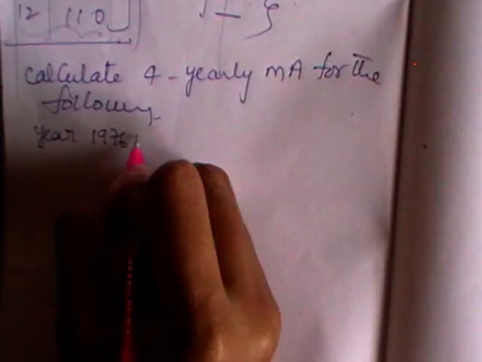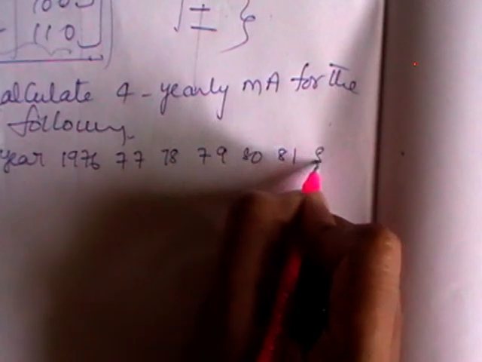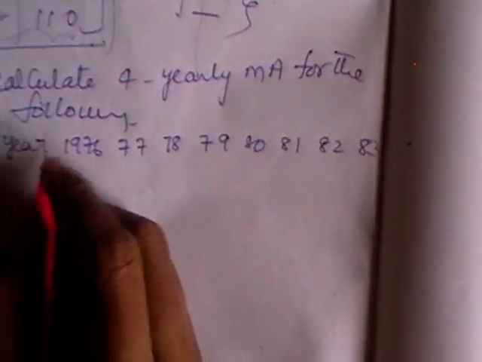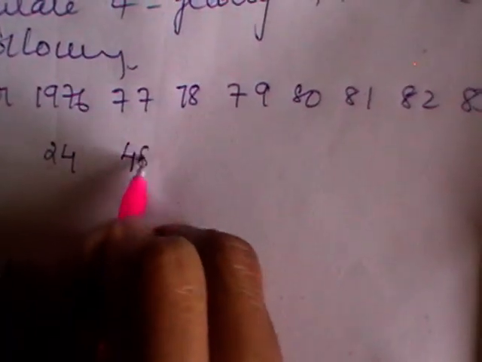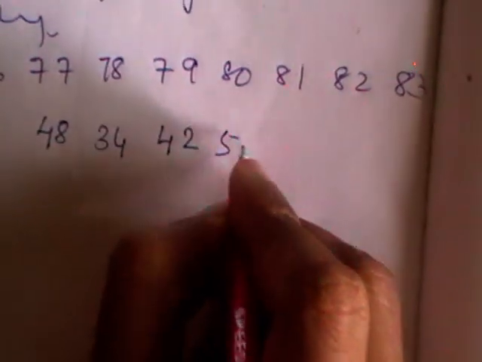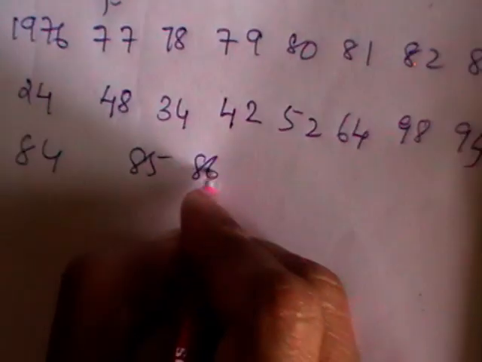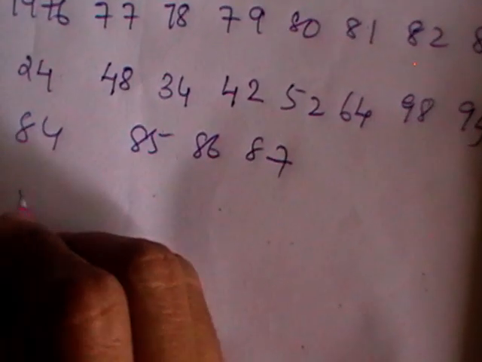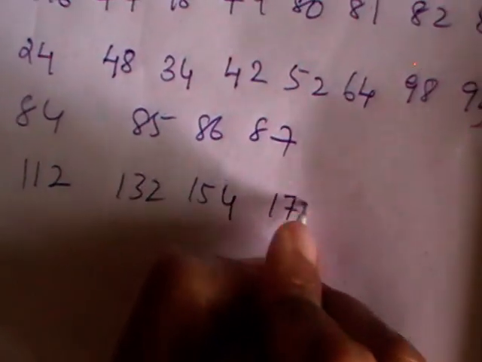The data is given with years 1976, 77, 78, 79, 80, 81, 82, 83, and the corresponding YT values as 24, 48, 34, 42, 52, 64, 98, 94, then years 84, 85, 86, 87, with values 112, 132, 154 and 178.